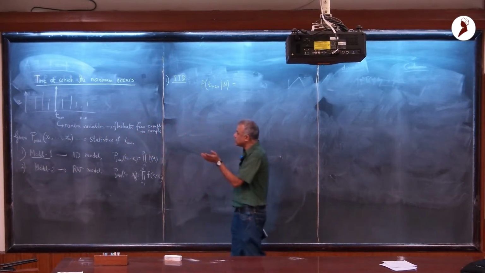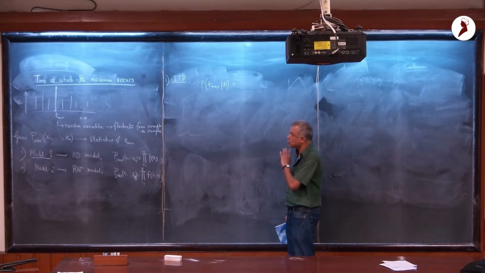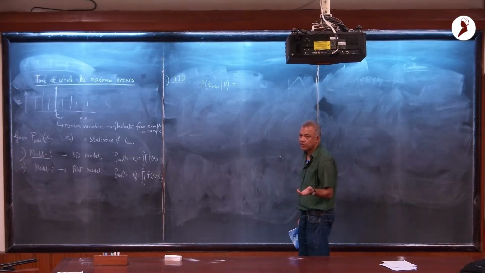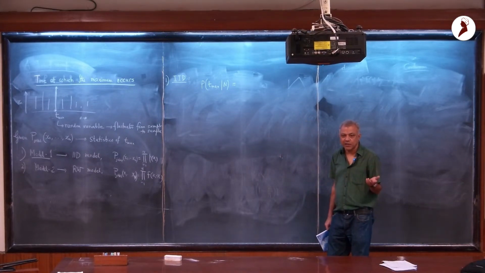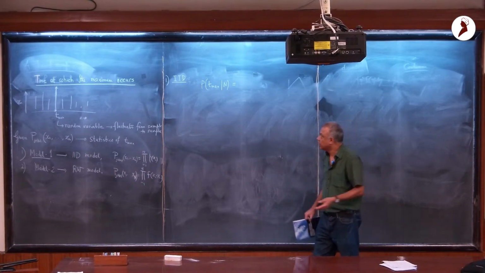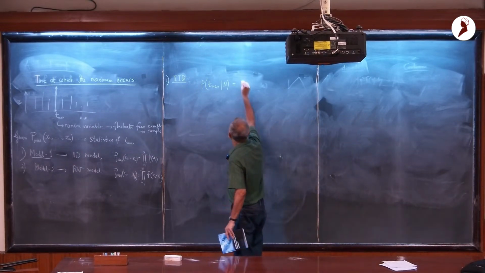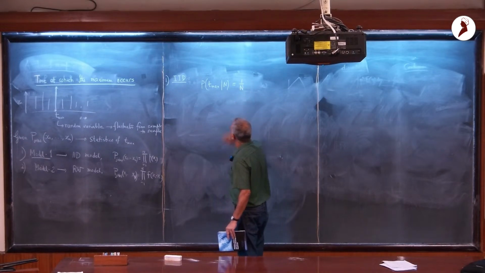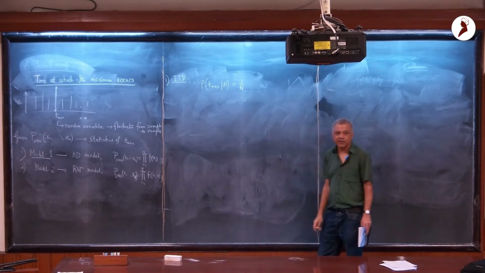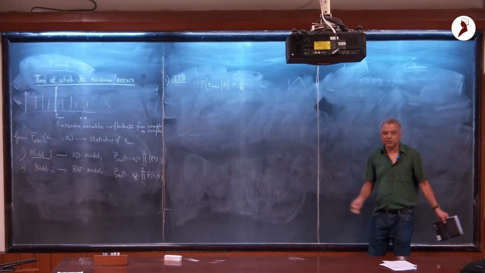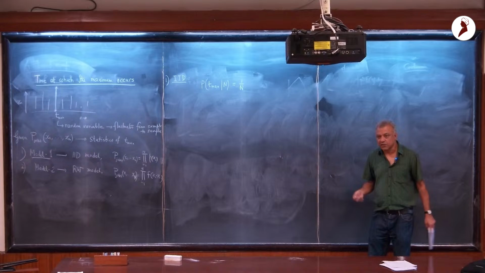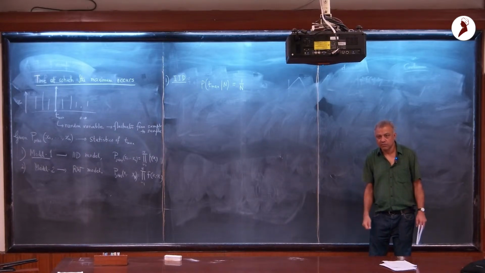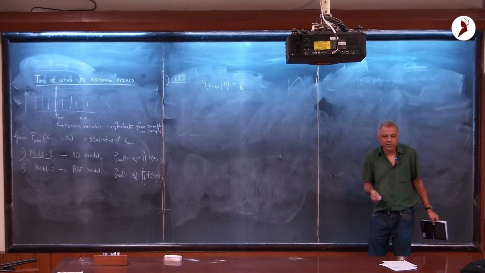You have n variables, they're all distributed exactly identically and there is no correlation between them. So if you ask which one is the maximum, it can be any one of them with equal probability. So the answer is trivially 1 over n. Is that clear to everybody? I have just n variables, all equally distributed, and I'm asking which one is the maximum. It could be any one of them. So it's just 1 over n.